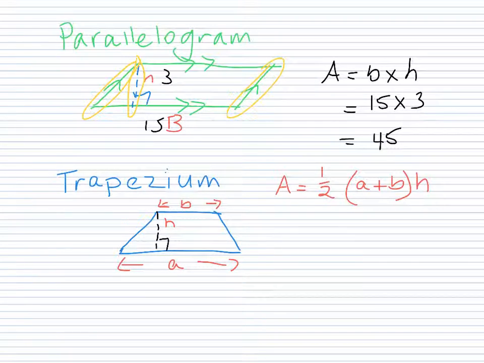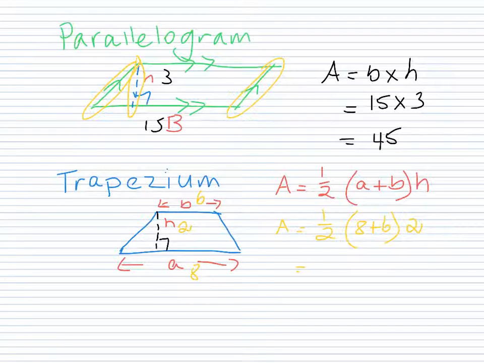So let's use an example here. Let's say we had a height of 2. The bottom length is 8 and the top length is 6. So it would be area equals half, open bracket, 8 plus 6, close bracket, times 2.